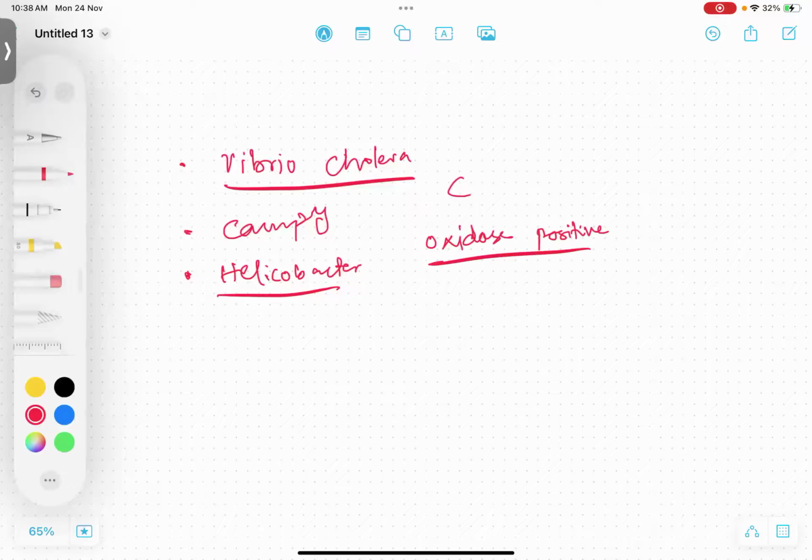This characteristic is common between all the organisms in this group, along with the curved shape. Important characteristics of H. pylori: of course, they are gram-negative, and they have this curved shape.